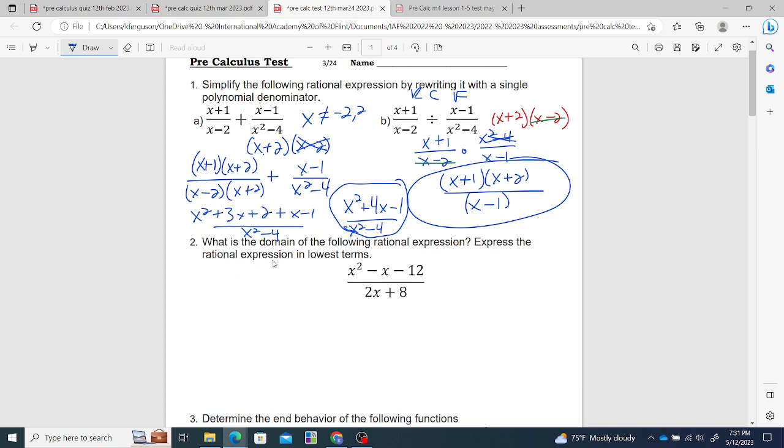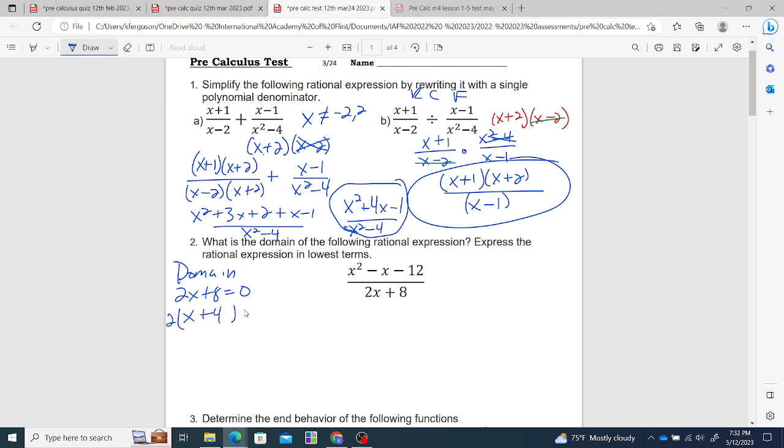Express the rational expression in lowest terms. So we're going to reduce or cross cancel or simplify once we find out what our domain is. So our domain is 2x plus 8 equals 0. Remember, I'm trying to figure out what values of x will make that 0. So I can factor out a 2. So now I got x plus 4.